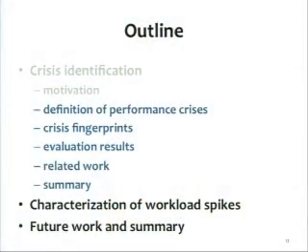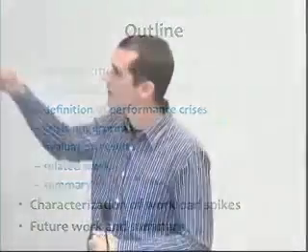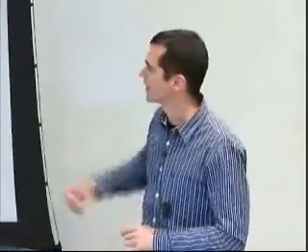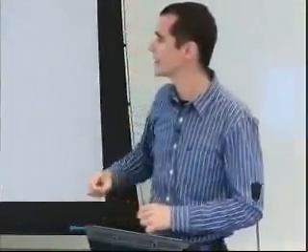Okay, so in the rest of this section, I'll talk about how we define these performance crises, define the fingerprint, and go over the evaluation. The definition of a crisis in general is that it's a violation of a service level objective. It's usually a business-level metric, such as latency of requests on the whole cluster. An example of an SLO that the EHS used is that at least 90% of the servers need to have latency below 100 milliseconds during a 15-minute epoch.